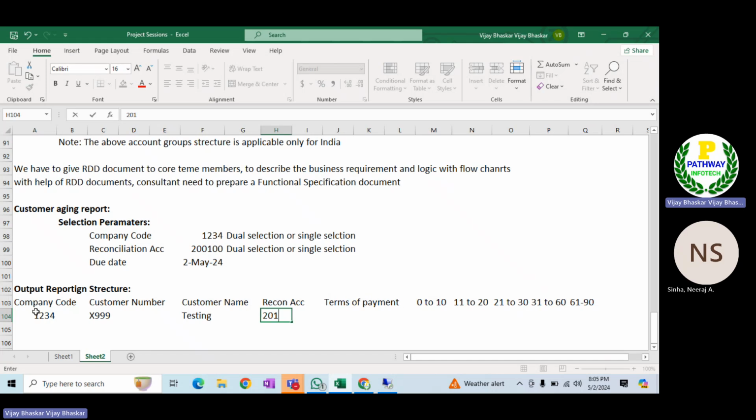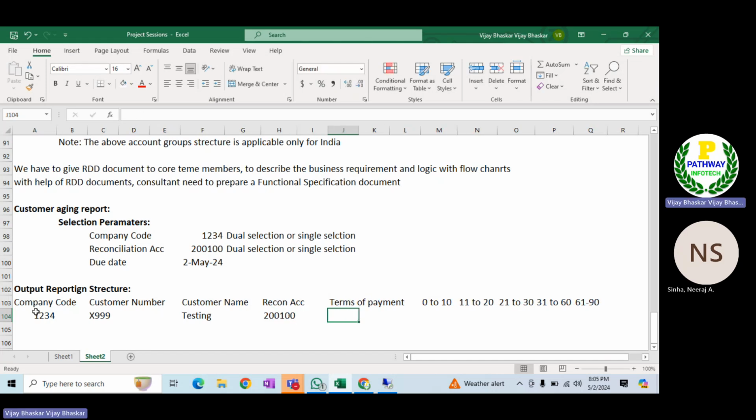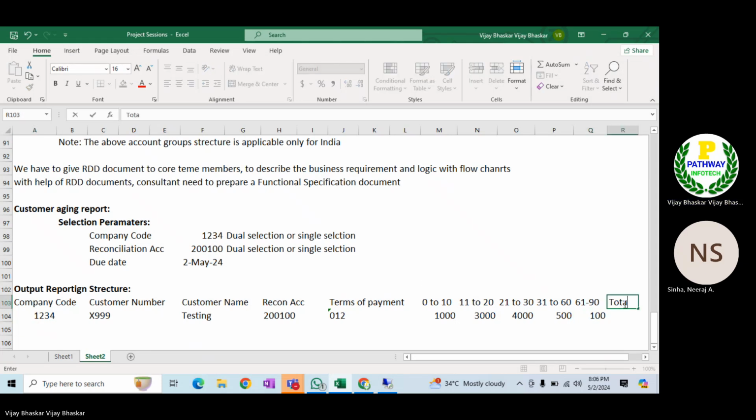Reconciliation account, then terms of payment, let's say 012. Now the line items falling here: let's say 10,000 rupees yet to come, here 3,000 yet to come, here 4,000, here 500, and here 100 yet to come.